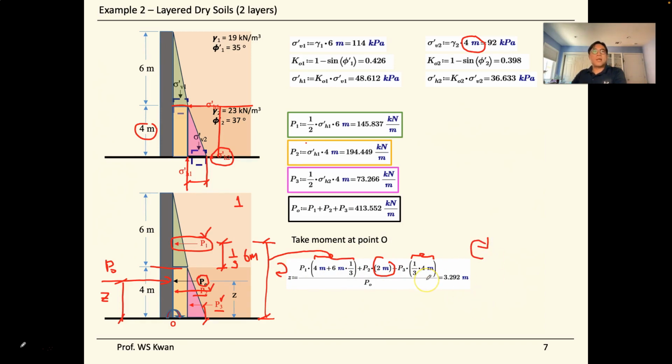So balancing the moment calculations, then we can solve for Z right there, which is the C that we try to solve for, and we do all this math. So again, the P0 times Z gives us the clockwise moment. The rest give us the counterclockwise moment, and we solve for Z. For this case it is almost 3.292 here, which is the C.